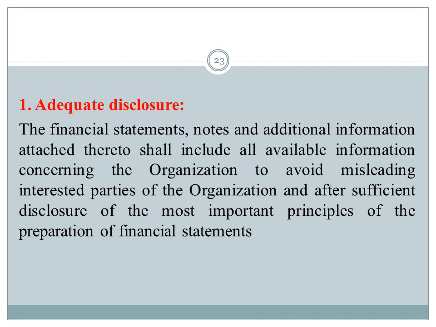The financial statements, notes, and additional information attached shall include all available information concerning the organization to avoid misleading interested parts of the organization, and after sufficient disclosure of the most important principles of the preparation of financial statements.